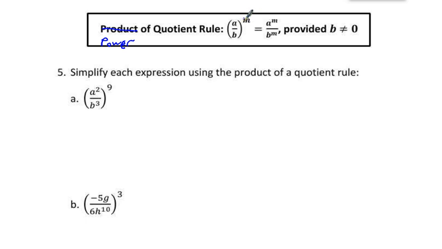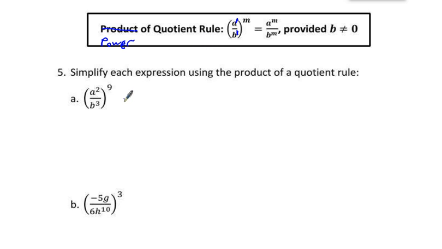And just like before, we're going to take m and multiply it by the exponent on a, which is 1, and the exponent on b, which is 1, giving us a to the m divided by b to the m, as long as b is not equal to 0. Because remember, we can't have 0 in a denominator.